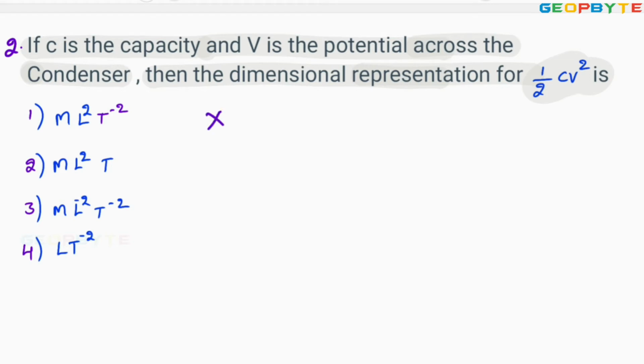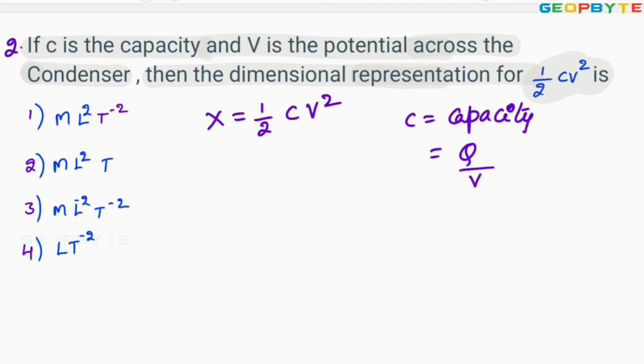Let the given quantity be x equal to half into C into V square. Here C be the capacity. That capacity you can write as Q by V.